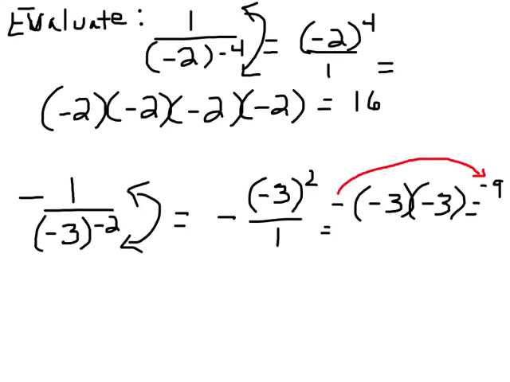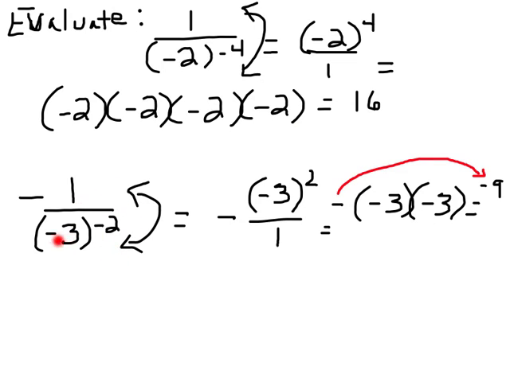When I flip that and move this to the top, the negative 2 is protected, so it stays negative 2, but this negative exponent is going to change to a positive exponent. So what I really have is negative 2 four times, which is equal to positive 16.